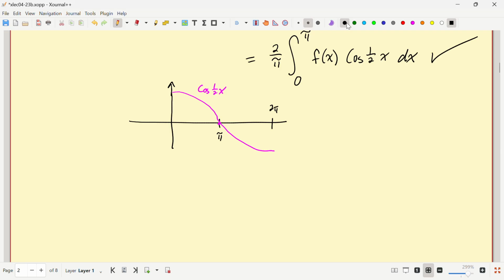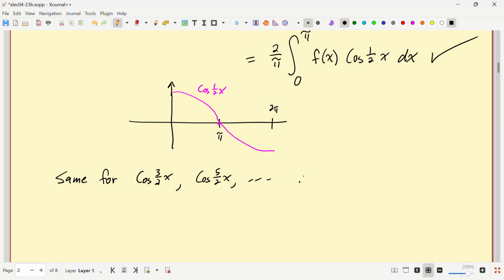So I don't want to get carried away with this, but same for cosine 3/2 x, cosine 5/2 x, and all the rest of the odd terms.